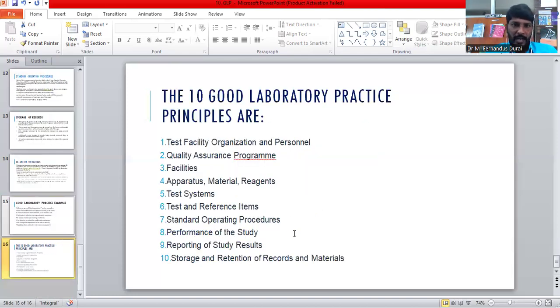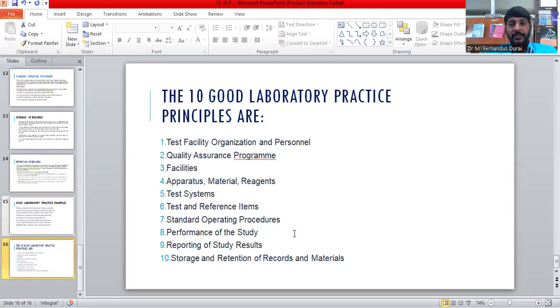Okay, so these are the things, and lastly, the 10 principles that should be followed in GLP, the good laboratory practices: the test facility organization and personnel, and a quality assurance program, facilities, apparatus and materials, reagents, test systems, test and reference items, standard operating procedure, SOP, and performance of the study, reporting the study results, storage and retention of records and materials.